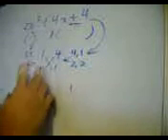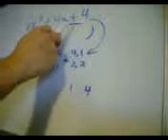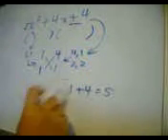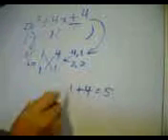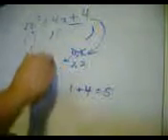So 1 times 1 is 1, 1 times 4 is 4, and you add them because of this. So 1 plus 4 equals 5, does not equal 4, therefore you can't use 4 and 1. That answer is not possible.